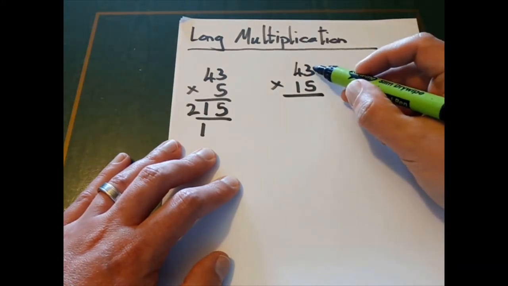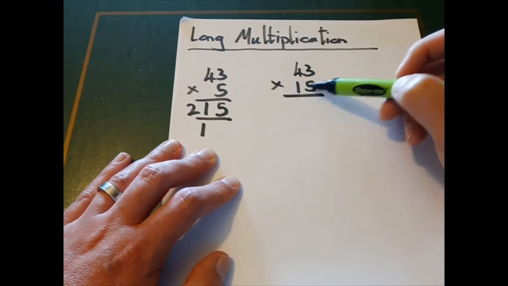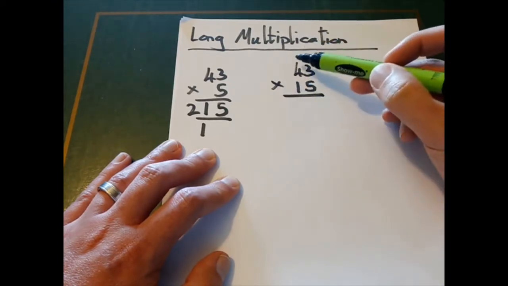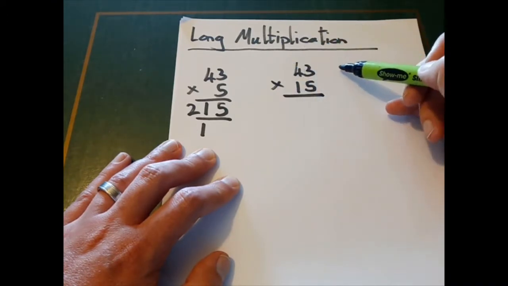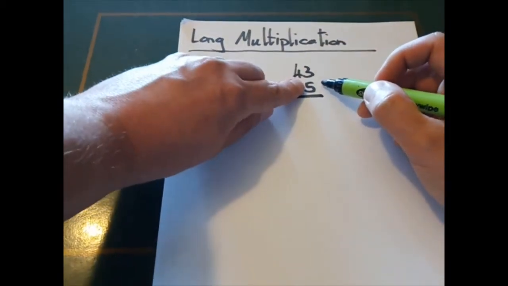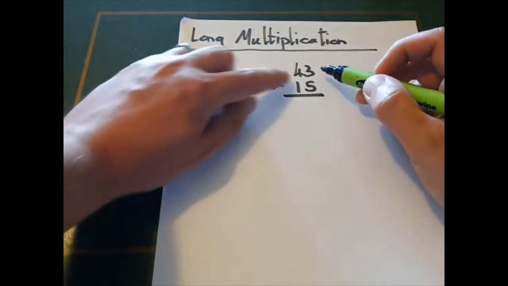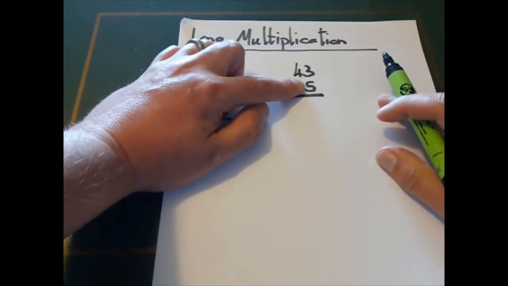So, we work at it in exactly the same way as we did over here. Everything on the bottom needs to be multiplied by everything along the top. And we start in exactly the same place. And let's ignore this 1 for the moment and remind ourselves of what we did over here. So I'm going to cover that up just because we're not going to think about that for the moment.